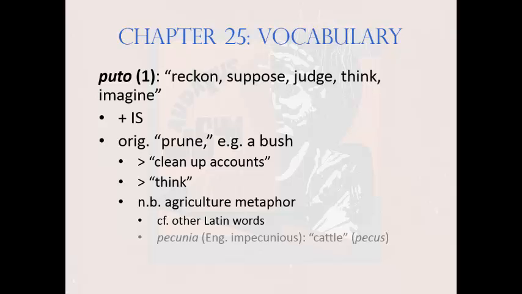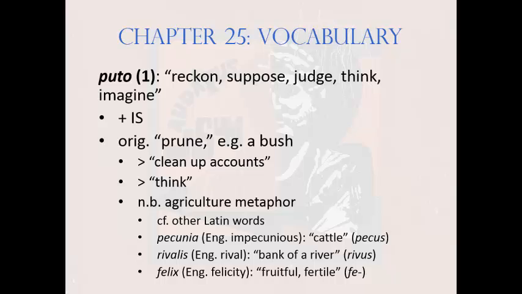For instance, pecunia, money. Compare English impecunious. What do you think that means? Good. Having no money, pecuni. Pecunia comes from a base that means cattle, pecus in Latin. Also, rivalis, giving us the word rival, which meant originally pertaining to a riverbank, rivus, its adversarial sense coming from the frequent conflicts Romans had over water rights.